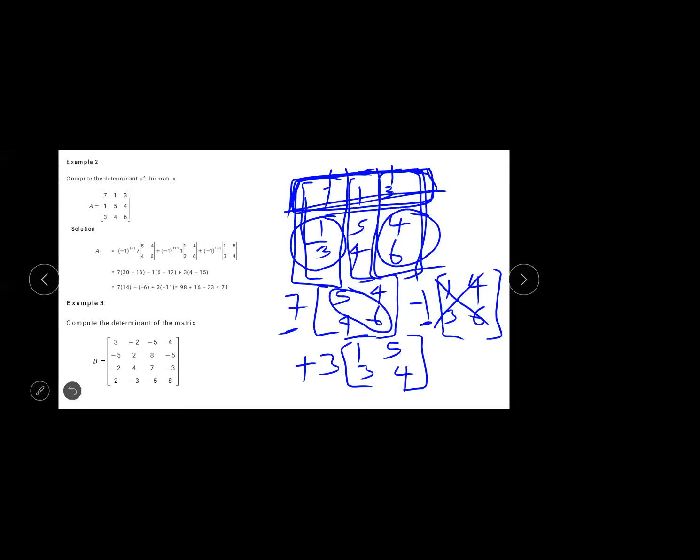Let me give you an example to try here before we move on. You all try this.